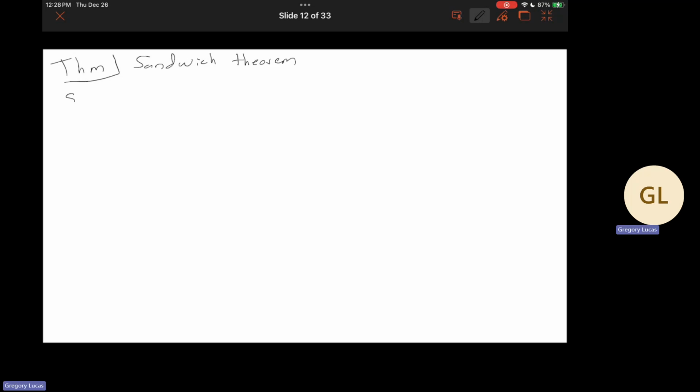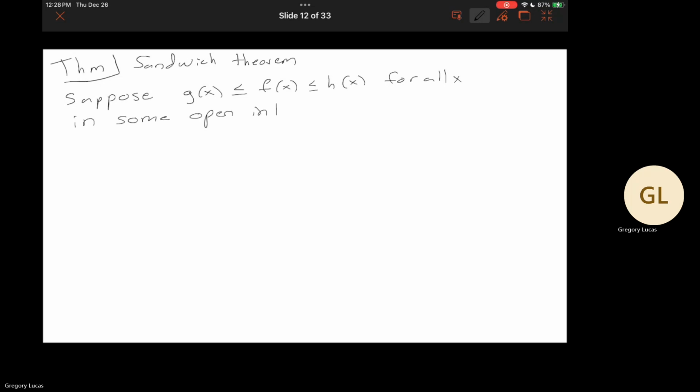So we're going to suppose we have g of x is less than or equal to f of x, which is less than or equal to h of x for all x in some interval containing c, except for maybe x equals c itself.